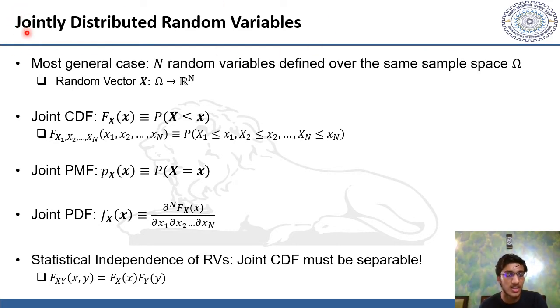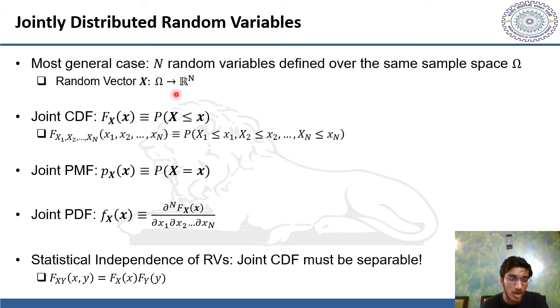Essentially, we consider multiple random variables, say for example n random variables which are defined over the same sample space omega, and therefore in that case we define a random vector of n random variables, which is denoted by bold x, which maps from the sample space omega to the n-dimensional real space. So previously, while we had the random variable which mapped from the sample space to the one-dimensional real space, now we have the random vector which maps from the sample space to the n-dimensional real space.